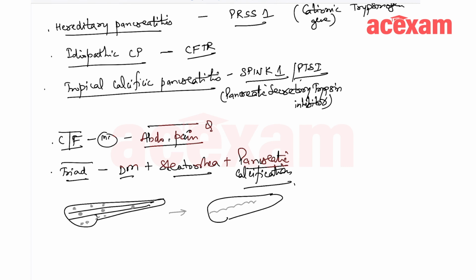Gradually, due to this obstruction, there is presence of stricture in the pancreatic duct and dilatation. There will be stricture and dilatation, then stricture, then dilatation, with some stones in between. Okay.